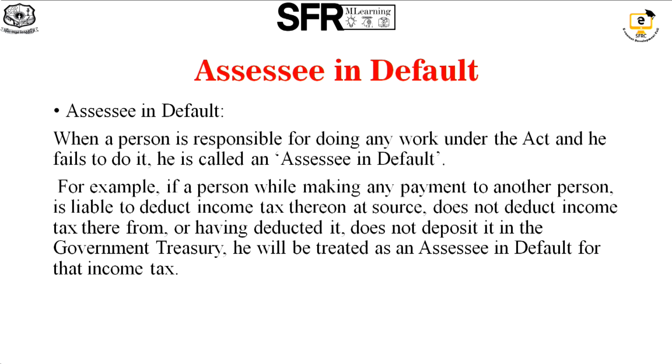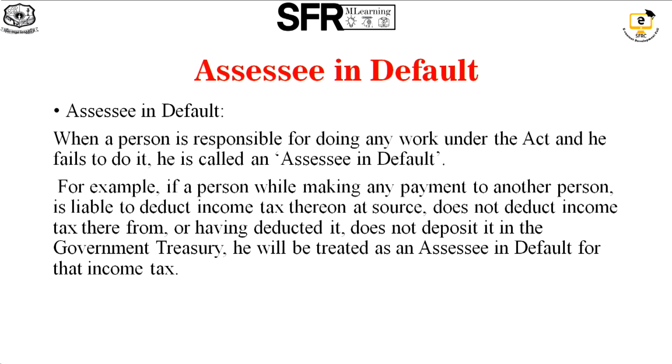The next definition we are going on to is assessee in default. An assessee in default means when a person is responsible for doing any work under the Act and he fails to do it, he is called an assessee in default. Here they have given an example.